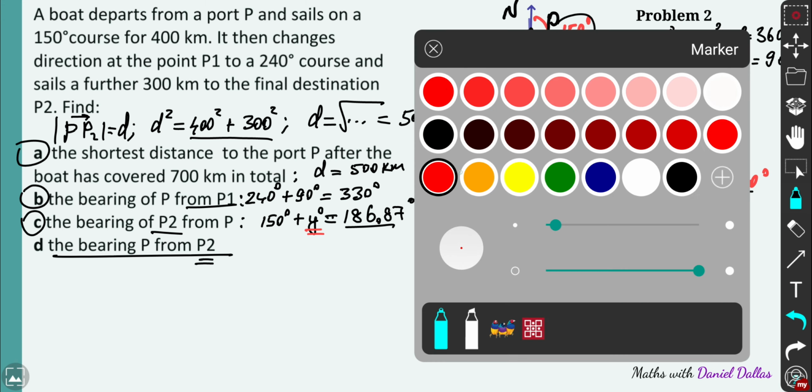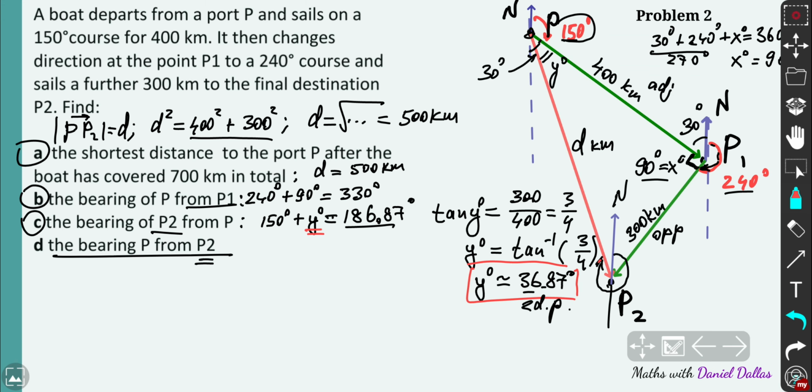So I mark it as the red one. We consider this angle. So this angle is going to be 186.87 degrees. On top of that, we have another part which is 180 degrees.